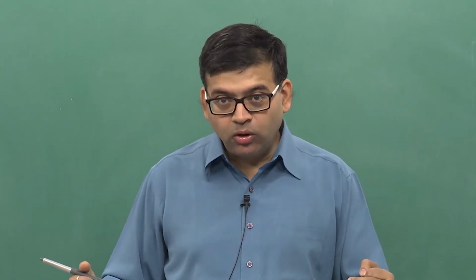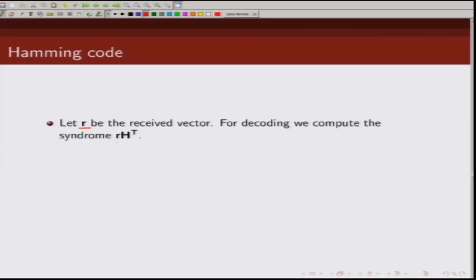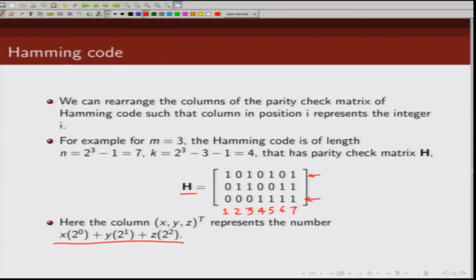So, what do we do? The first thing to find out whether an error has occurred or not is to compute the syndrome. How do you compute the syndrome? We take R H transpose, and what is our H? H is this matrix where the columns are arranged in such a way that the column in ith position represents integer i.